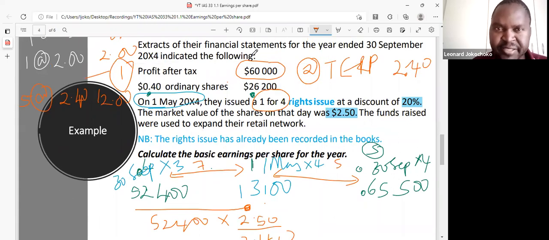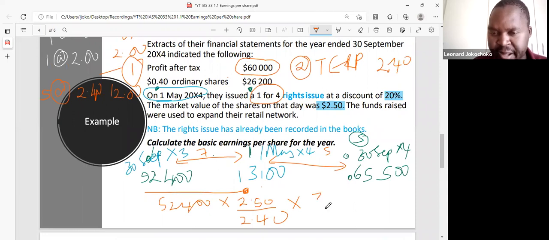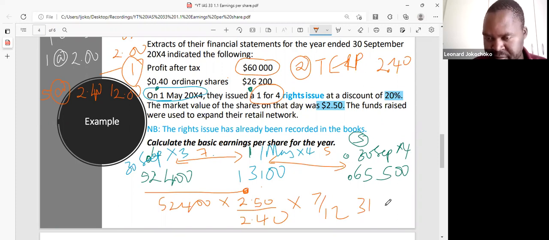Then I multiply by the period. These 52,400 shares were only there for 7 months of the year. So 52,400 times $2.50 divided by $2.40, multiplied by 7 over 12 months, I get 31,840. So this is the weighted number of shares in the first 7 months.